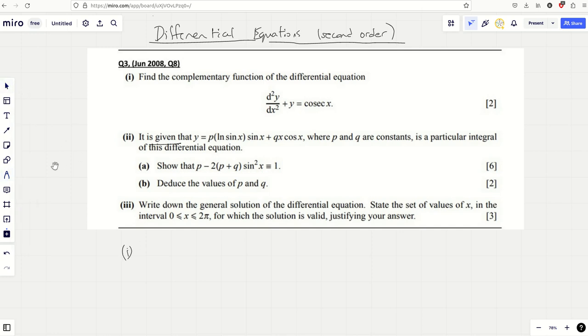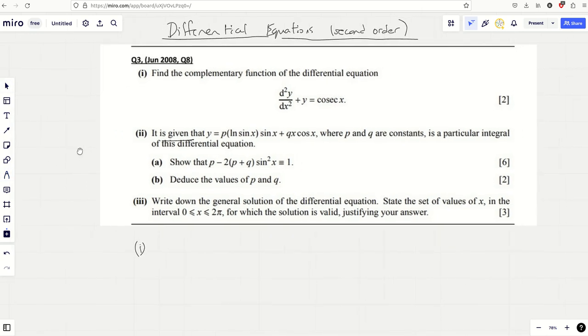Complementary function. I hope you're familiar with that phrase. I often use it, but the book tends to use auxiliary equation as the phrase for the complementary function in Edexcel. But it's just simply the solution to when your second order differential equation is homogeneous, i.e. equals 0. So we're going to have m squared plus 1 equals 0.